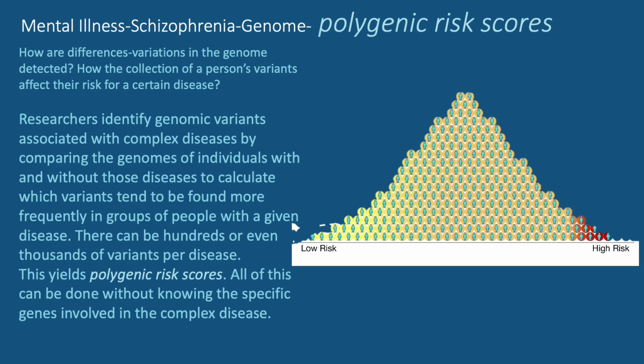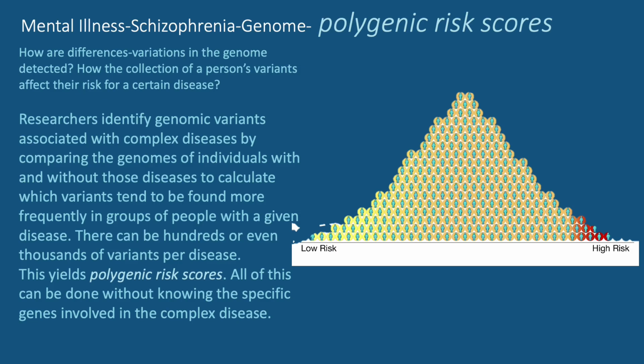Researchers identify genomic variants associated with complex diseases by comparing the genomes of individuals with and without that disease to calculate the variants that are more frequently found in people with that disease. Nonetheless, there can be hundreds or even thousands of variants per disease.